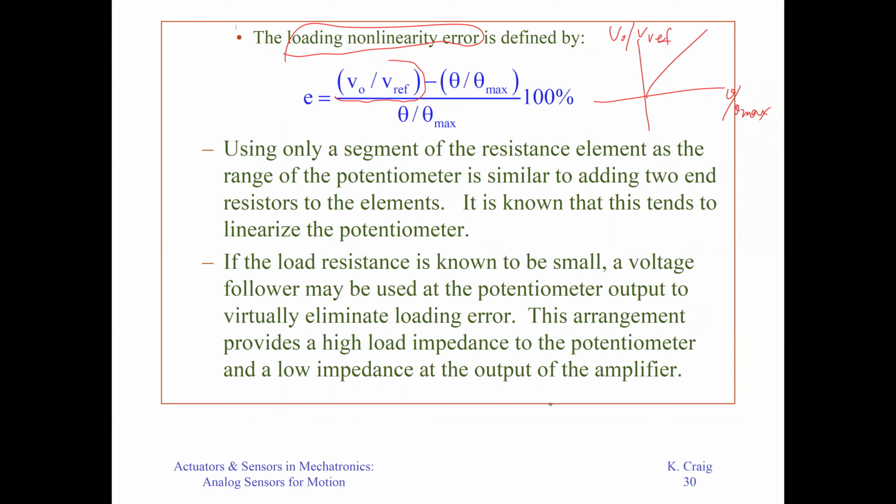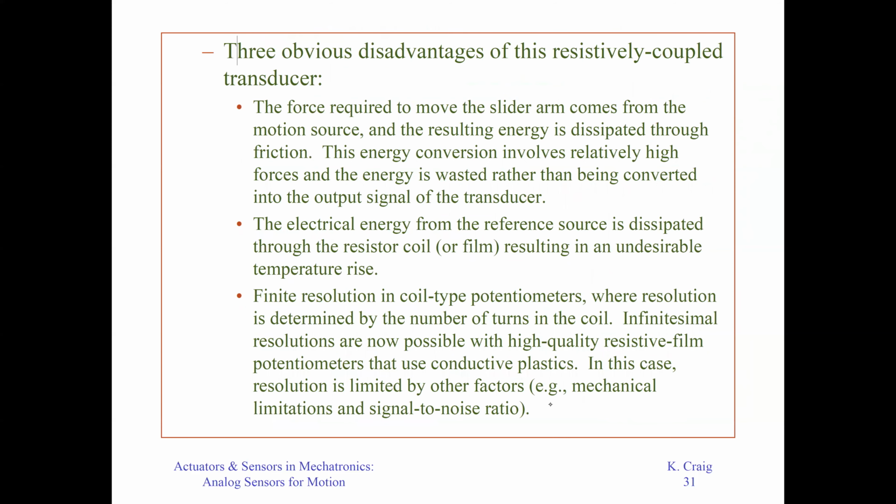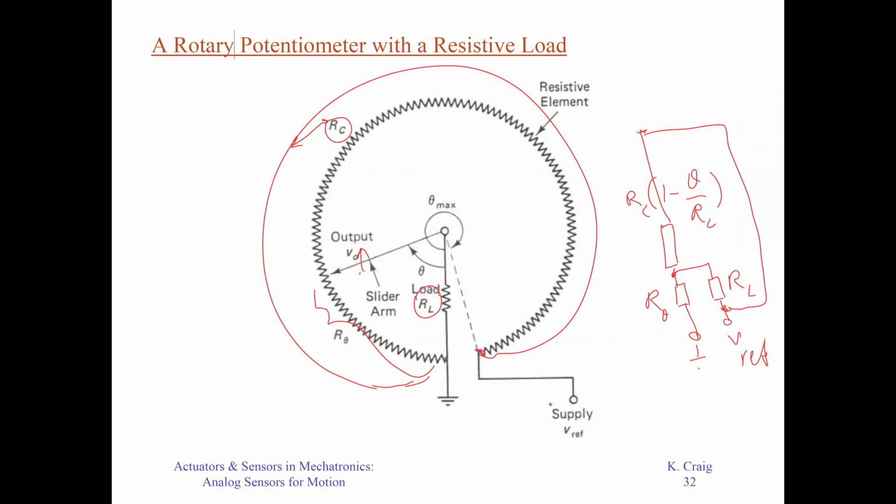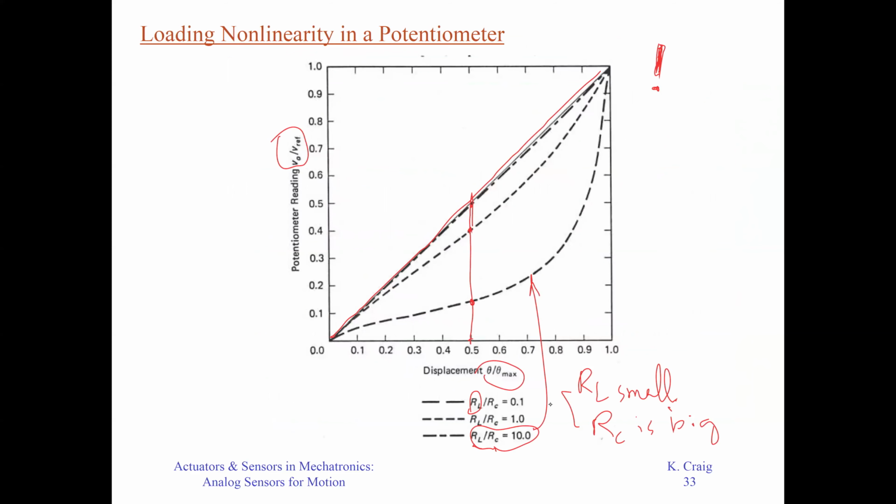This is supposed to be linear, but in reality it's not. So let's see what the non-linearity looks like. It looks like this. The displacement theta over theta max is the percentage of travel of your slider or wiper or arm, with respect to the output voltage reading over the reference voltage. So this is just like a voltage divider.